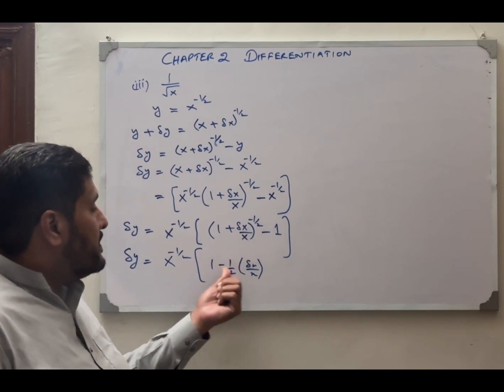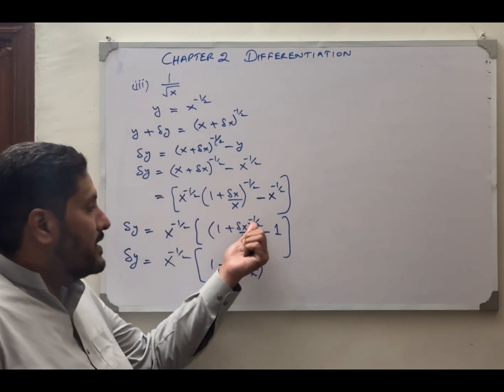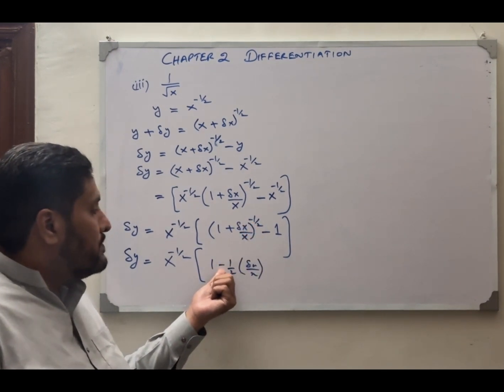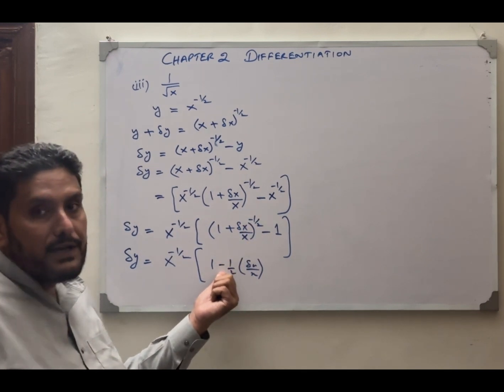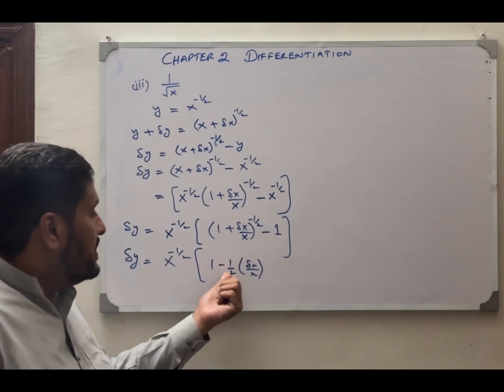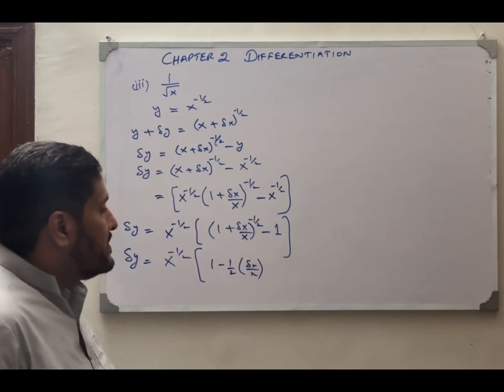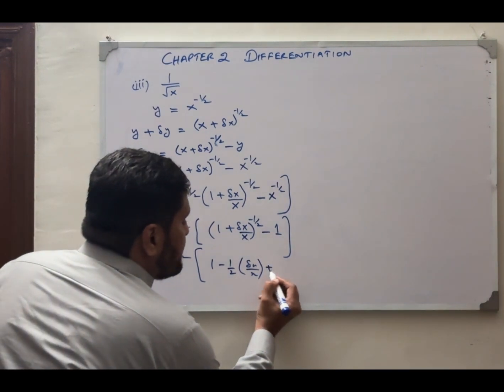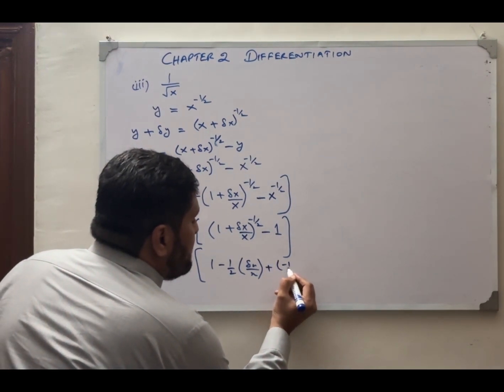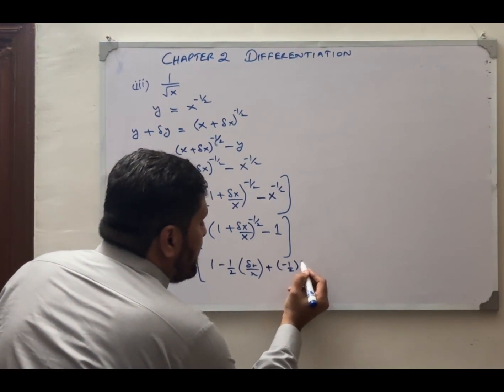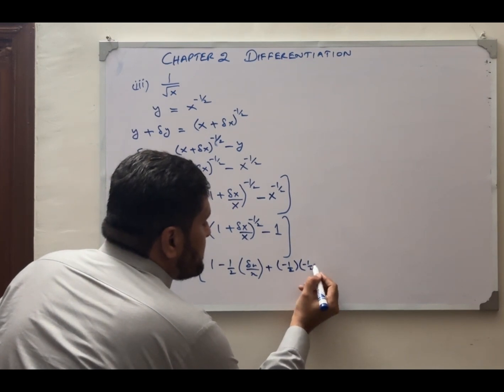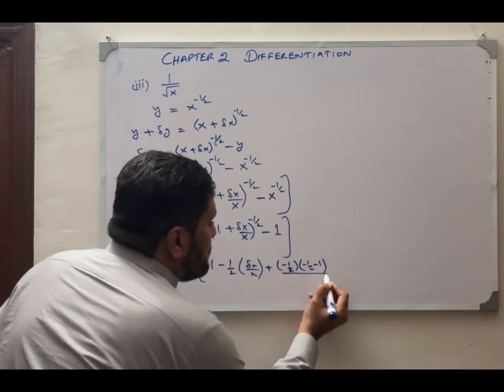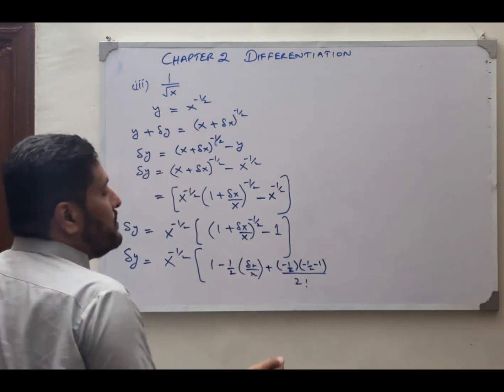So this will become 1 plus nx because this n value is minus, so plus multiplied by minus will become minus. So 1 plus nx, now plus n is minus 1 by 2 into n minus 1, minus 1 by 2 minus 1, over 2 factorial into x square.